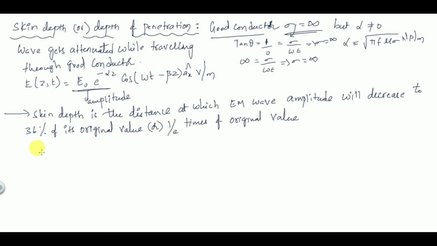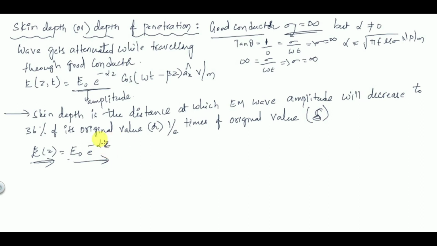So we know that as distance increases, E of z is E naught e power minus alpha z. As the wave travels along the distance z, it always gets attenuated. This is the formula for E of z. Skin depth is represented by the symbol del.